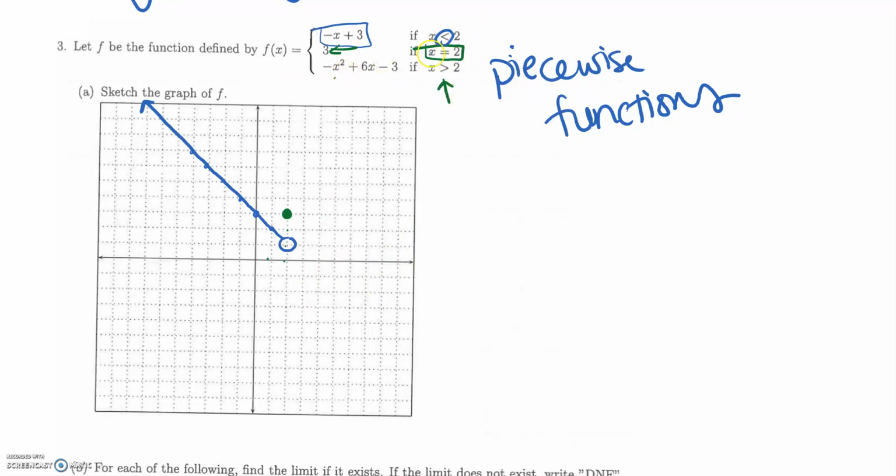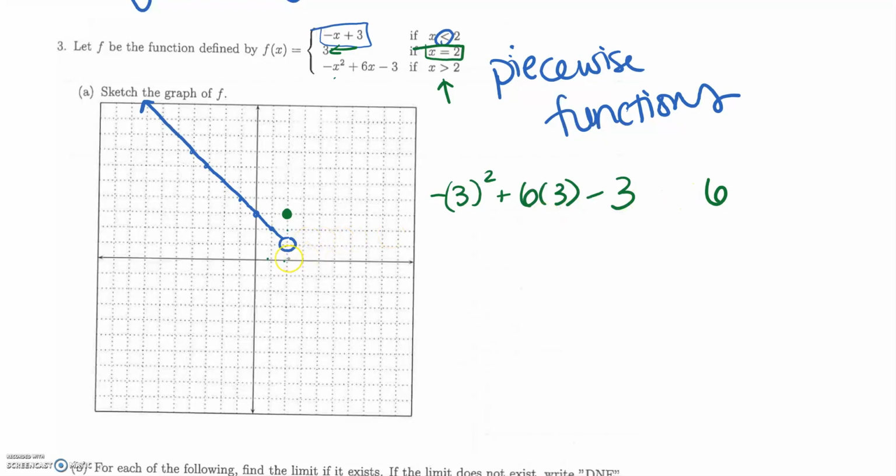So I'm going to do 3 first. Negative 3 squared plus 6 3s minus 3. So when you do this, you get 6.